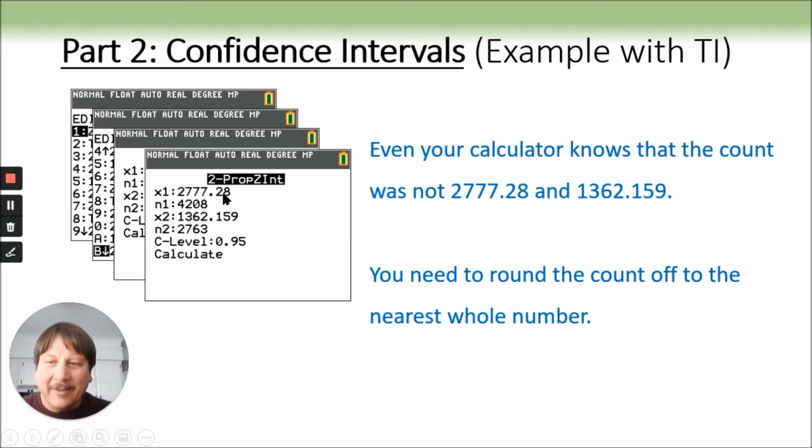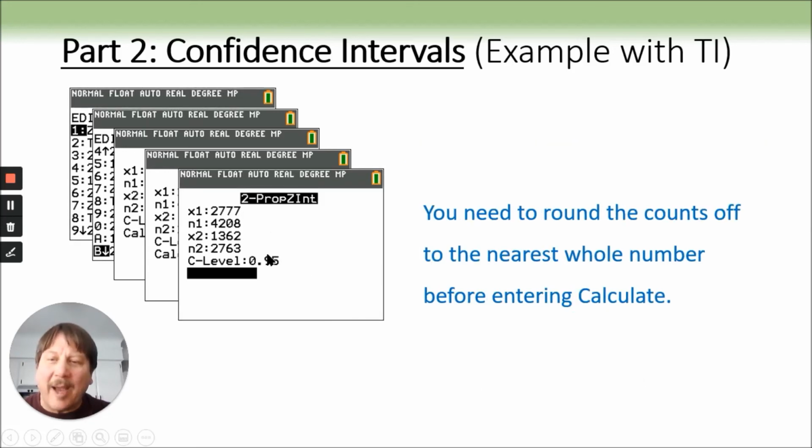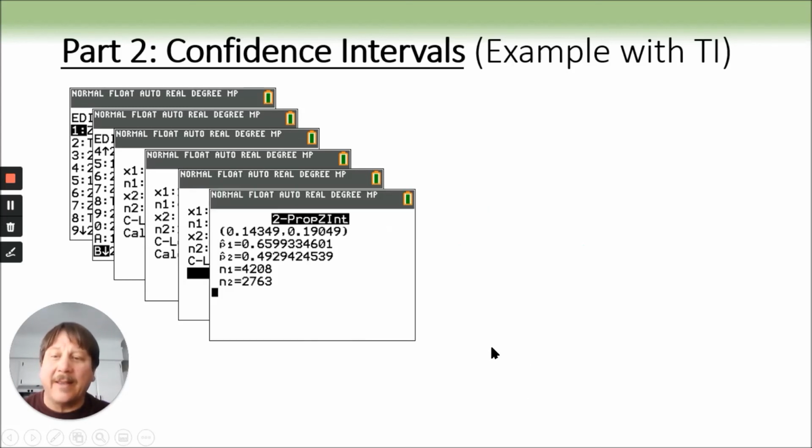It has to be a whole number. All four of these, x1, x2, and the sample sizes, have to be integers, not decimals. So you do need to work back up there and round off to the appropriate number. And then you can come down to calculate. Hit calculate, and boom, there it is, the interval.